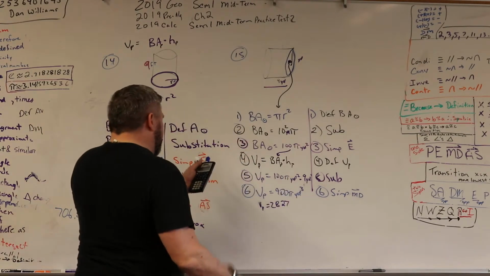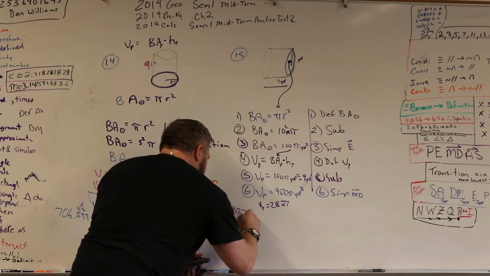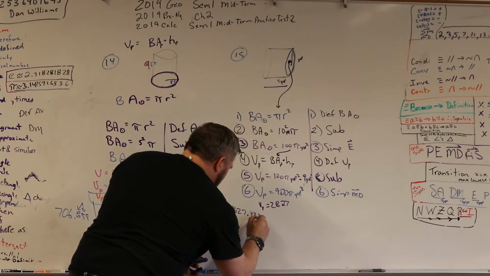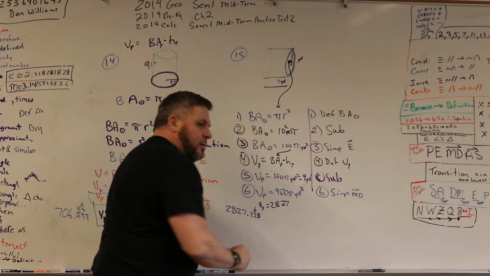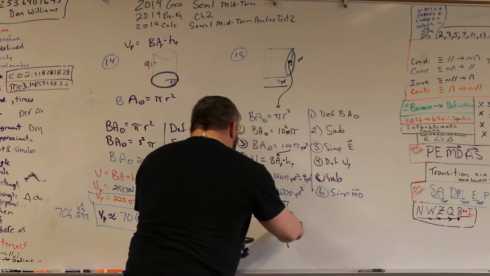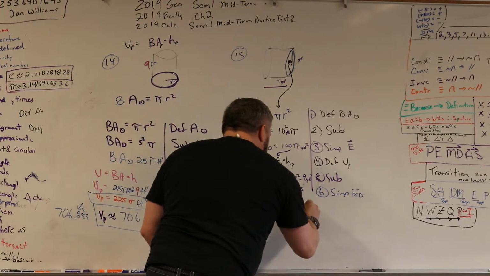2827.433. Now what does the 3 do to the 4? It stays the same. So this is going to be 2827.4 yards to the what?